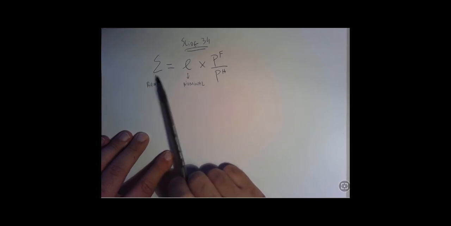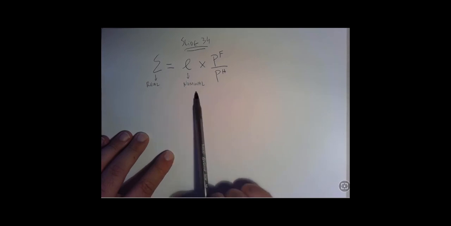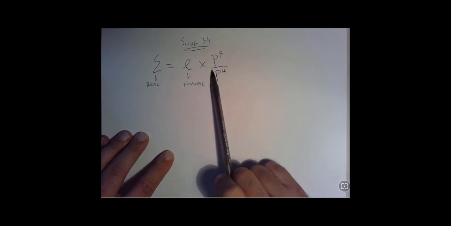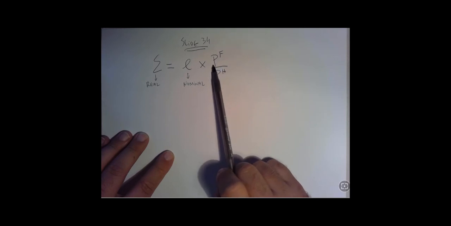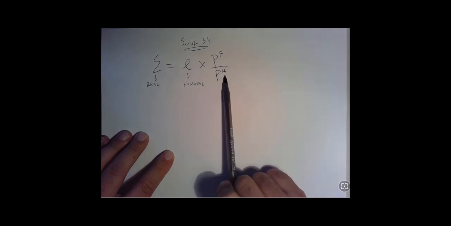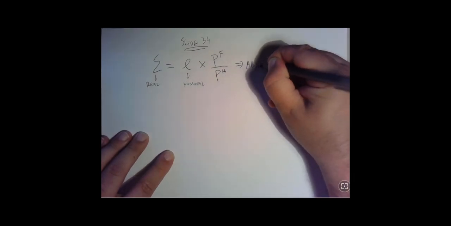Let's use sigma for the real exchange rate and small e for the nominal exchange rate. PF stands for the price of the foreign product, could be a specific product or a typical basket of goods, like an inflation index. And in the denominator, we have the same price index, but with respect to the home country. So this is the formula expressed in absolute values.